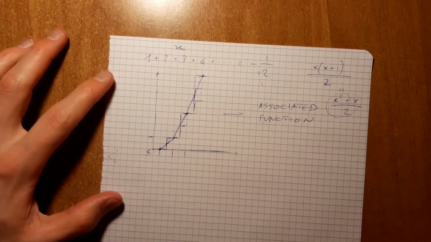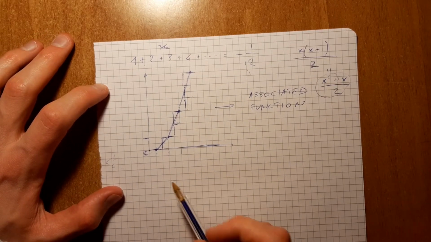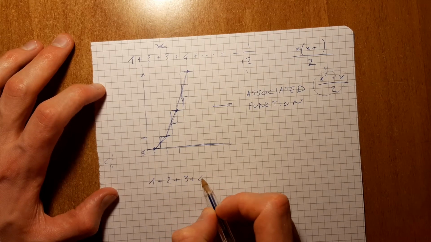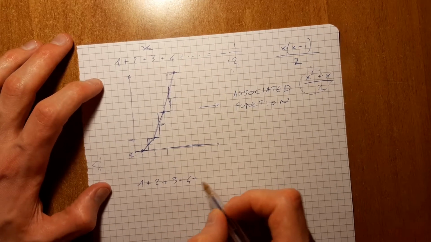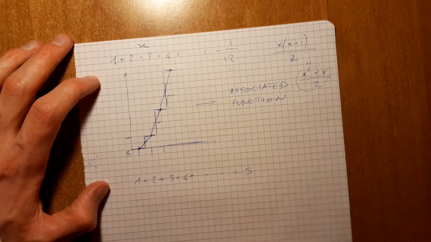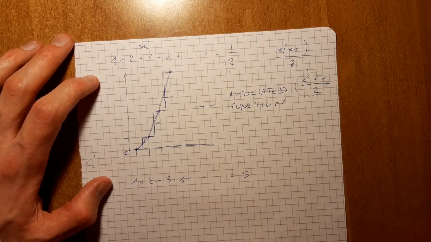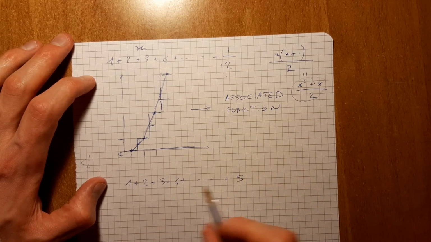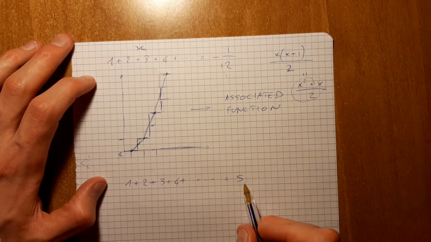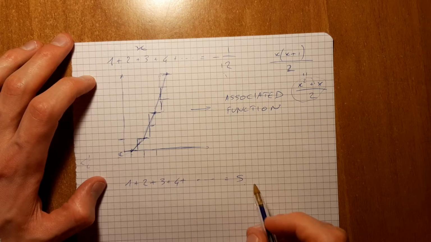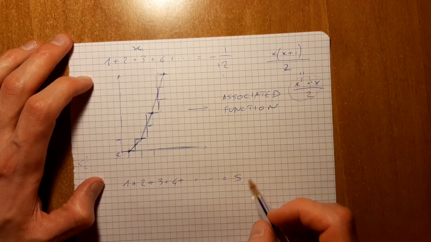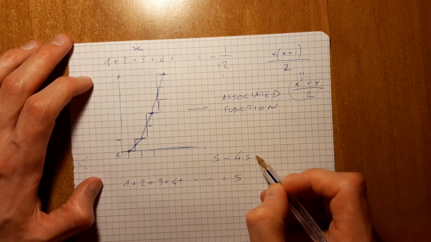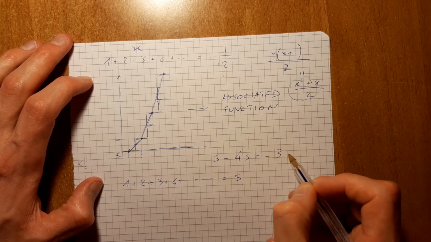So, one numerical demonstration. This is done by Ramanujan. As we put below this series, we will put minus 4s. So we will have s minus 4s equals minus 3s.